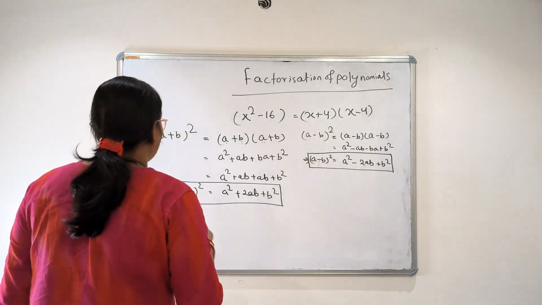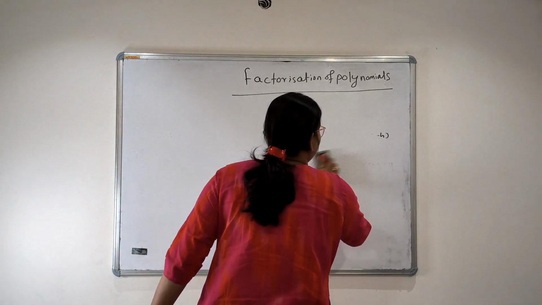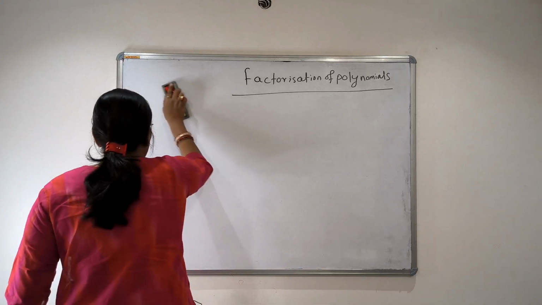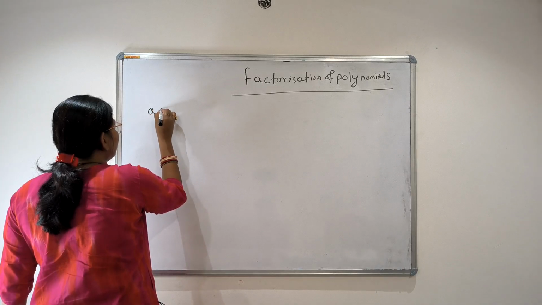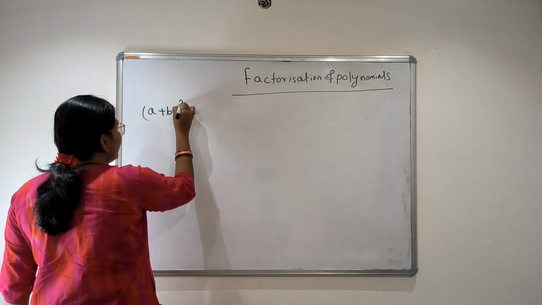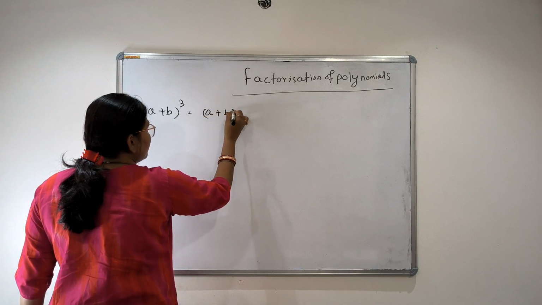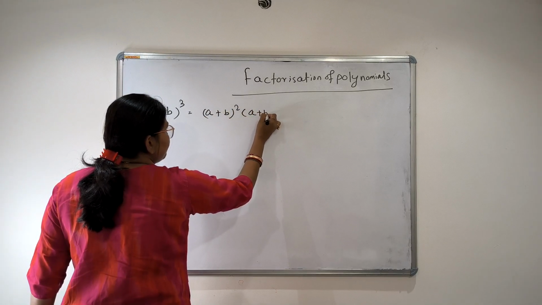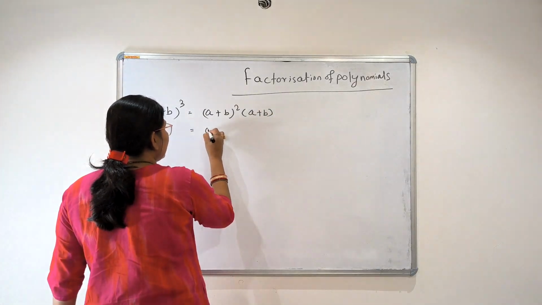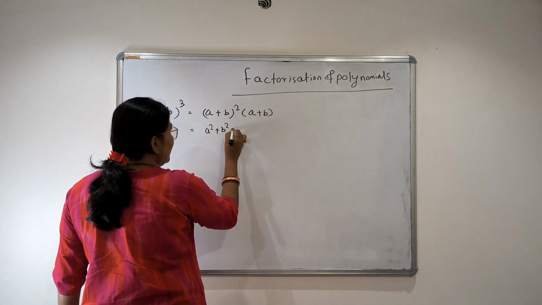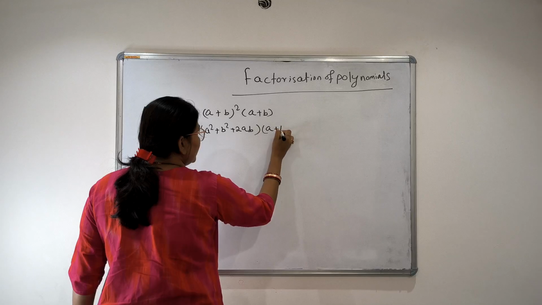Then come to another formula. See how to calculate a plus b whole cube. So how to calculate it? Can I write it as a plus b whole square into a plus b? Now we know the formula of a plus b whole square: a square plus b square plus 2ab into a plus b.